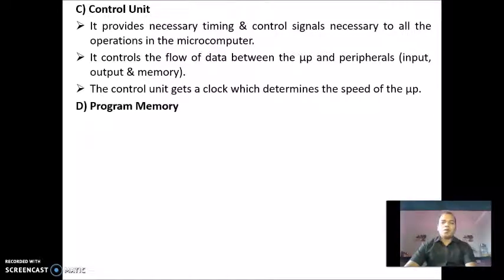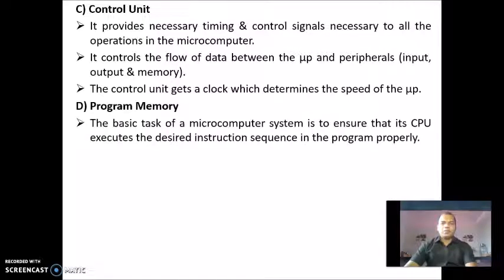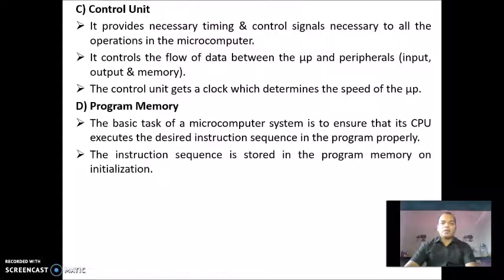The next block or the next unit in the CPU is the program memory. The basic task of a microcomputer system is to ensure that its CPU executes the desired instruction sequence in the program properly. The instruction sequence is stored in the program memory on initialization.